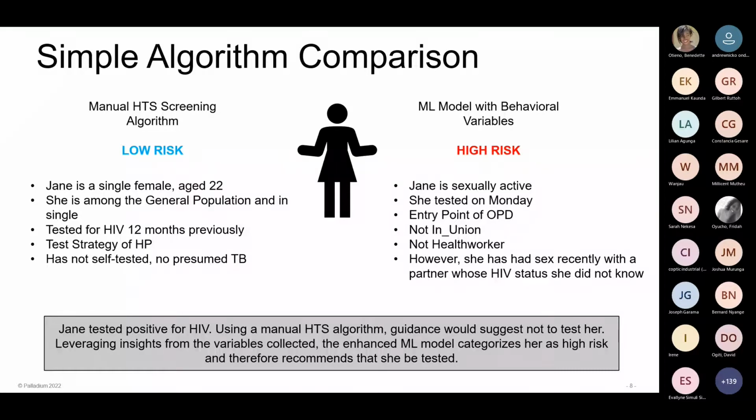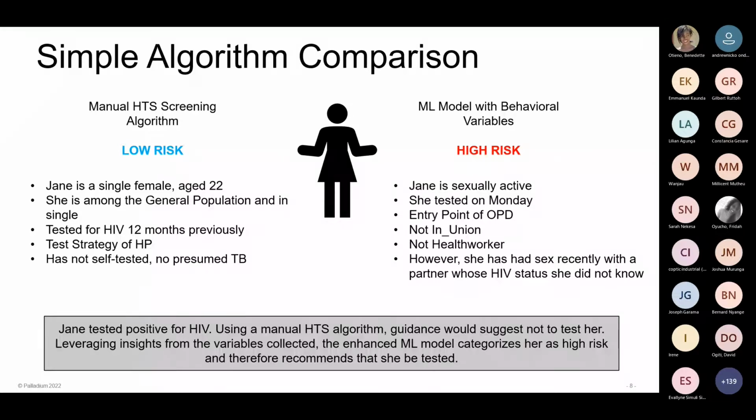But when we apply the ML model, these particular features or information about Jane actually help to elevate her risk profile to high risk. And in looking at this particular case, this was an actual case that was teased from the data set.